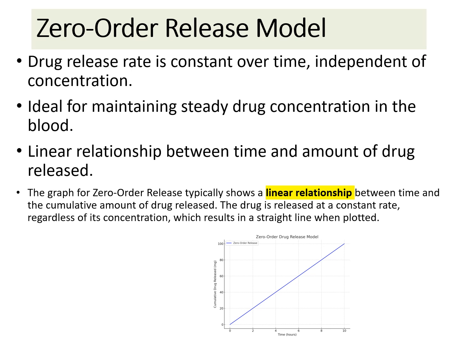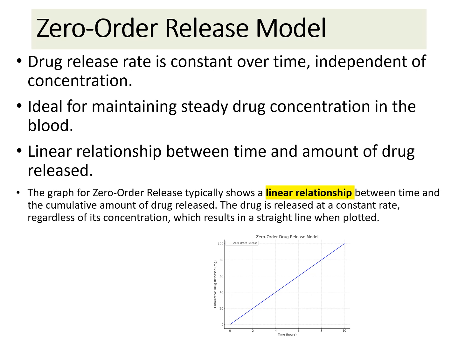There is a linear relationship between the time and the amount of drug release. So if you know about osmotic type of formulations, you will understand that the osmotic formulation design, or the osmotic release mechanism, can give you the zero order release, and that's why osmotics are popular.